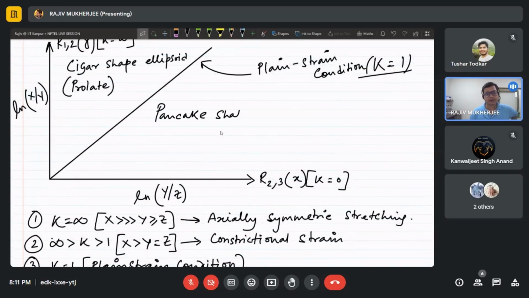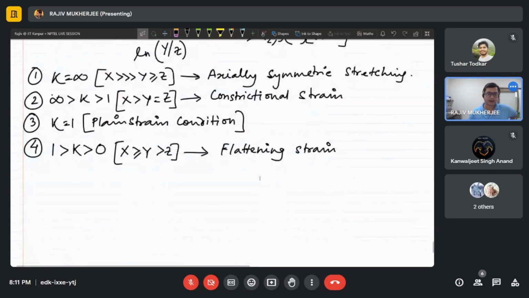And finally we will have k equal to 0, right? So this condition is represented as x greater than y, which is far far greater than z, and this represents axially symmetric flattening.